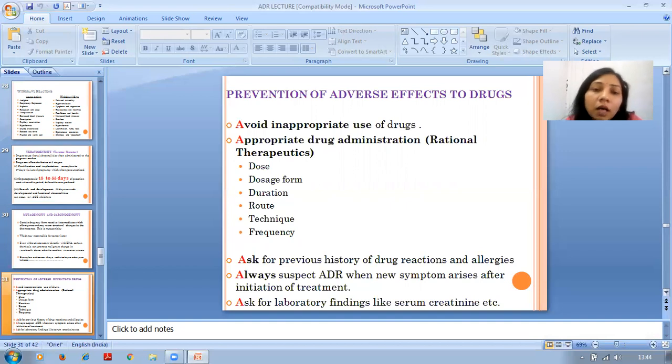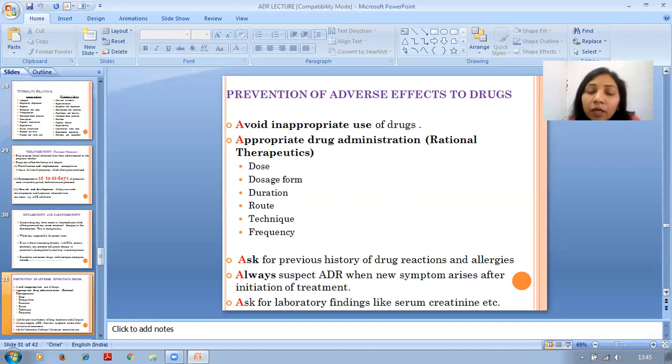Appropriate drug administration means drugs should be given in proper dose and suitable dosage form for the right duration through the proper route, using a proper technique and in the right frequency.